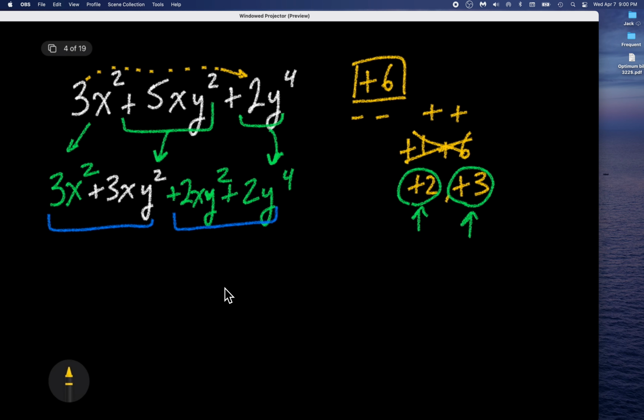What are we going to pull out on the left? We're going to pull out a 3x, and what is that going to leave us with? X plus y squared. Okay, again, 3x times x gives us 3x squared. 3x times y squared gives us this. The minute we see this, we plant that over here.